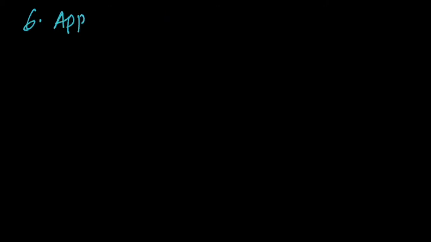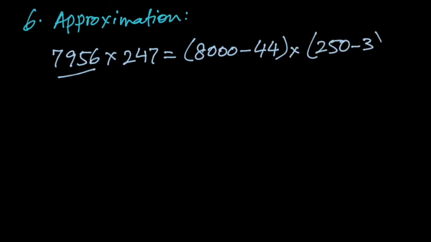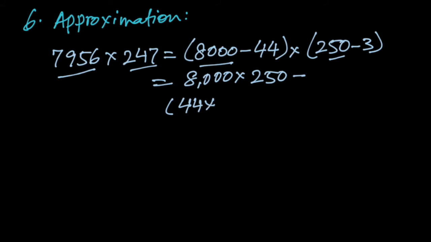Now let's take the sixth technique, which is approximation. Suppose we have to multiply these two numbers. We can quickly see that this number is very close to 8000 and this number is very close to 250. So if we multiply 8000 with 250, we get 2 million. So we can quickly see which number is very close to 2 million.